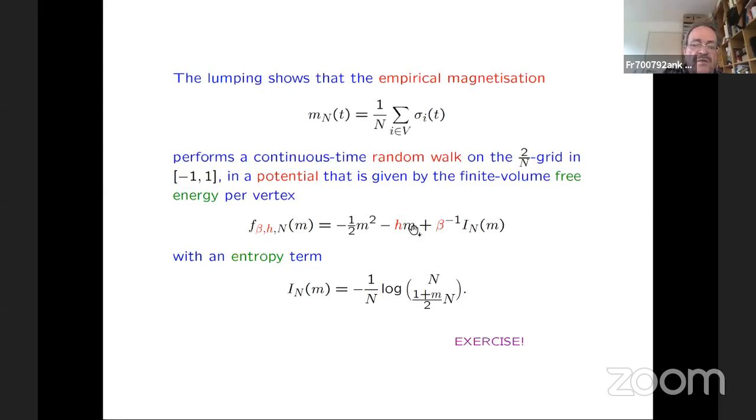And this quantity, being an energy and an entropy term, deserves to be called the finite volume free energy per vertex, because we're really normalizing everything by the number of vertices. So this magnetization is doing something simple: a random walk in an explicit potential, and that is an object that we can compute with.